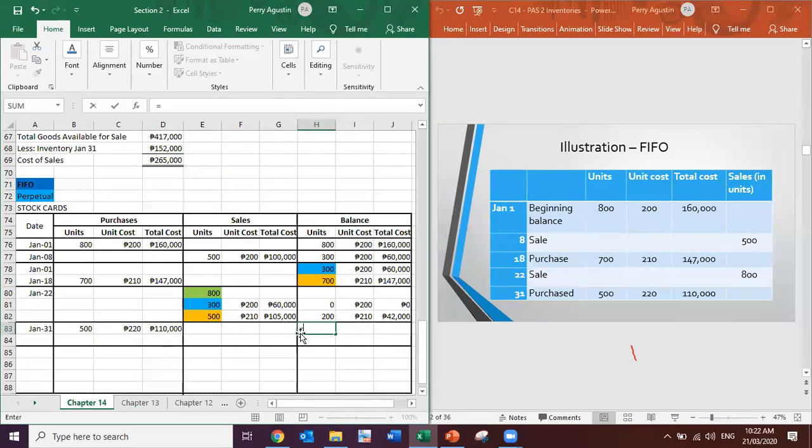So ilan na lang ba natira for the January 18? So that's 200 at 210, and 42. Then we copy the information down here. January 31. So that's 500, 220, and we have 110.